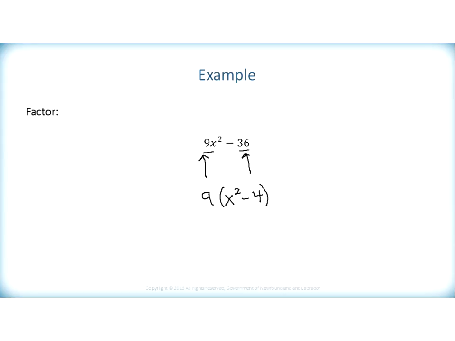What is left over is a difference of two perfect squares, so it's not factored completely yet by just leaving it like this. We'll have to go 9, x plus 2, and x subtract 2. So be aware that even though it looks like a difference of two perfect squares, and there is a common factor, you must take out the common factor first.